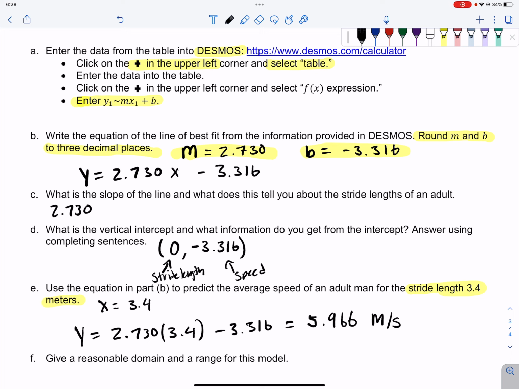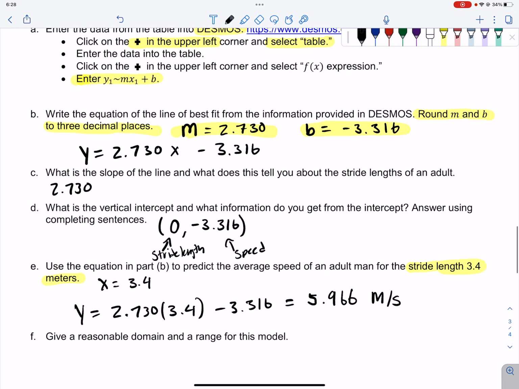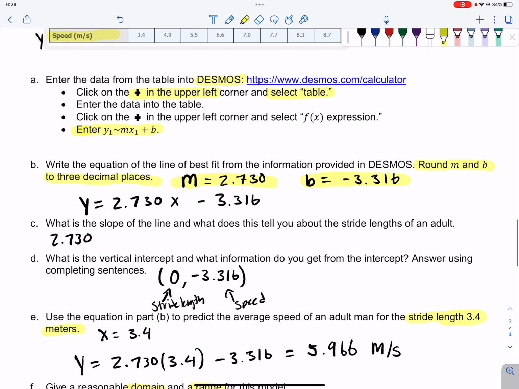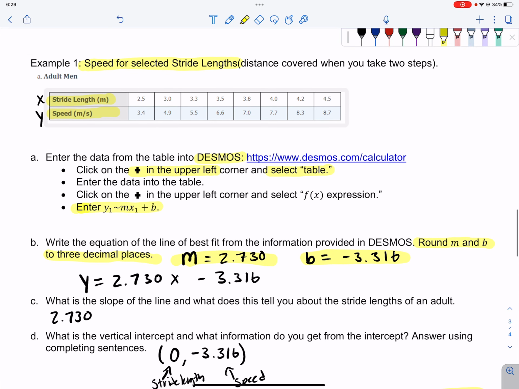So now I want to go back to our reasonable data points for this data set, and this is what we are essentially calling domain and range. Domain is all of our possible x values that we could have for our data, and our range is all of our possible y values that we could get back from this. And to be able to find this, I want to look at both my table and our graph.